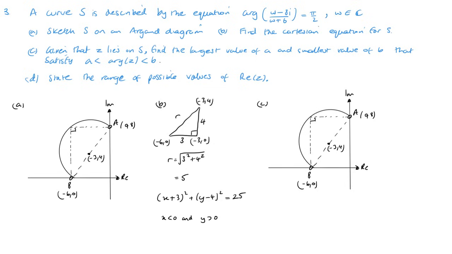If I do it on this diagram in red here, it'll be this line here, or a line like this one, and this angle here. Call that theta. Okay, so that is the argument of Z in this case.